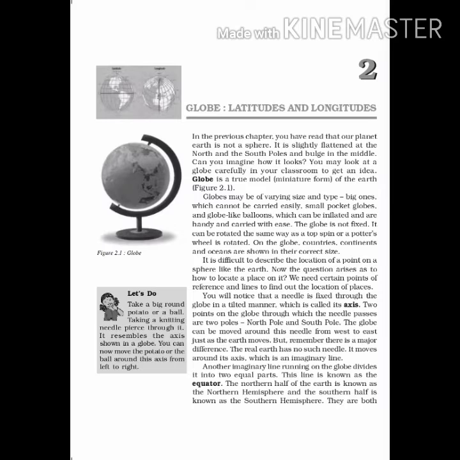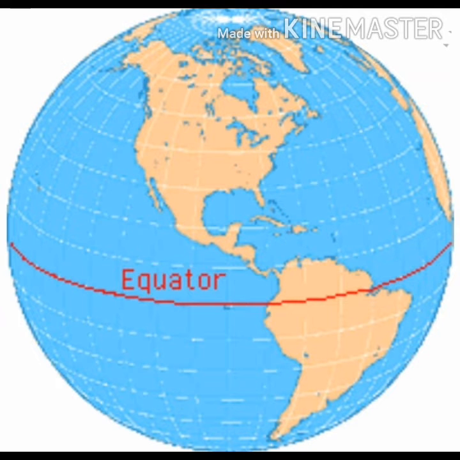Okay, now there is an imaginary line running through the globe. एक imaginary line होती है. Imaginary means which is not real, which runs through the globe, and that line is known as the equator. As you can see in the picture also, an imaginary line is there which is called the equator, and it divides, very important, the earth into two equal parts में divide करती है ये earth को, right?